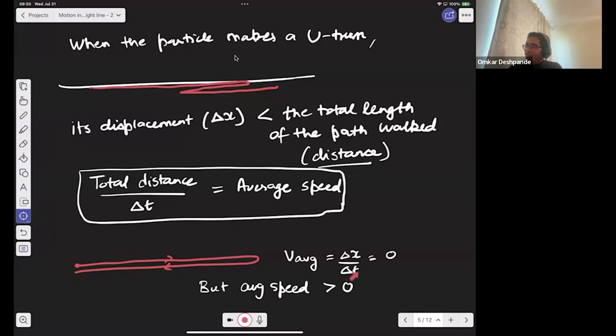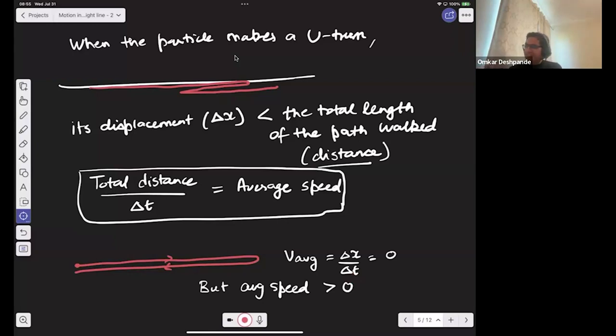But if we make this time interval approach 0, it becomes so small that there is no scope for a U-turn. There's no scope for a U-turn if delta t is infinitesimally small. So in that case, the displacement and the distance kind of become the same thing.